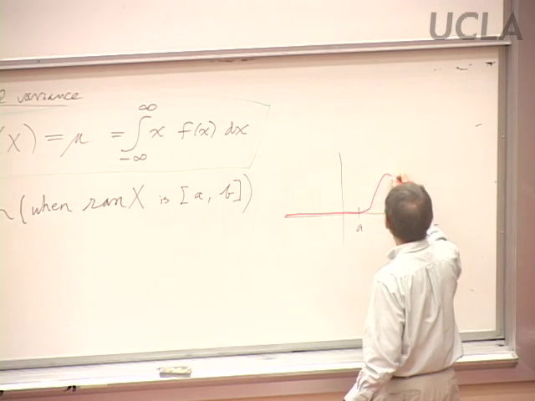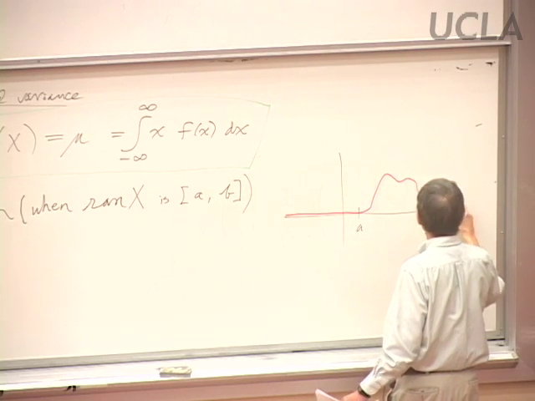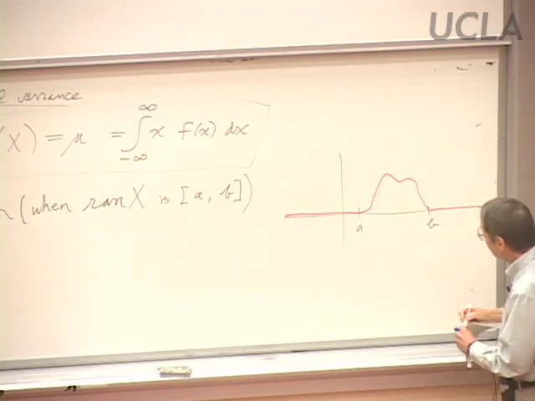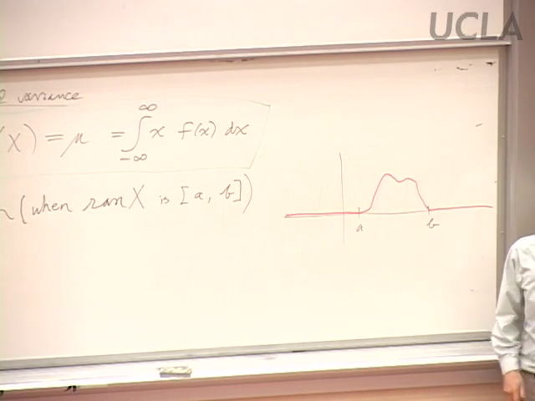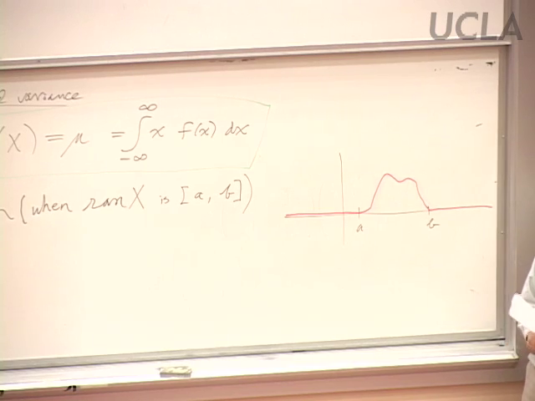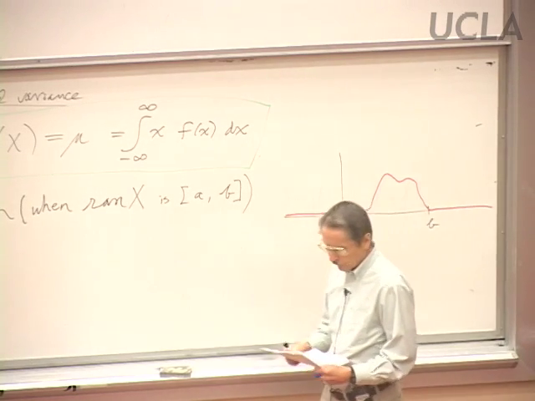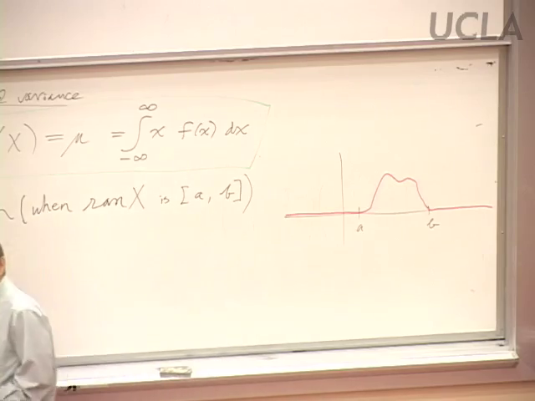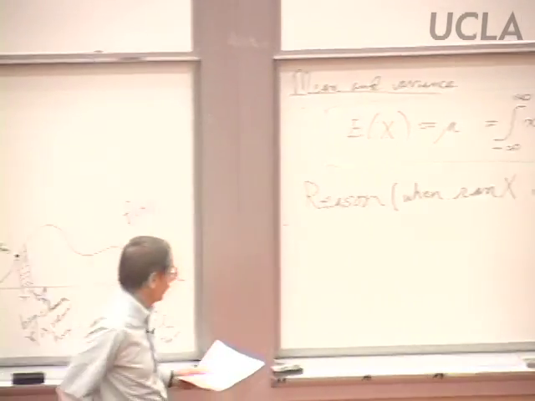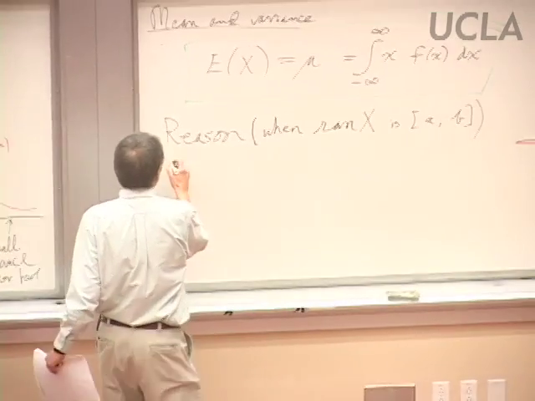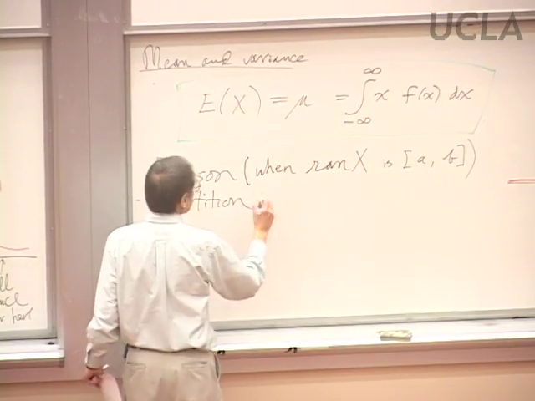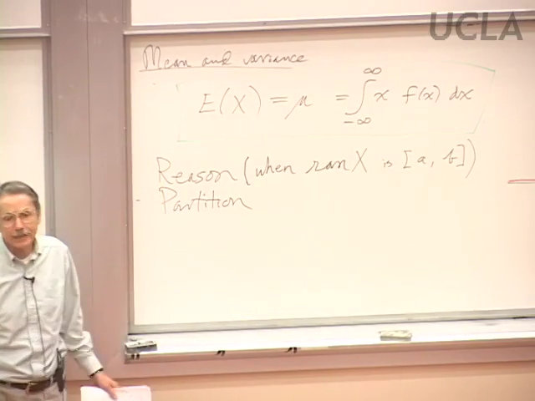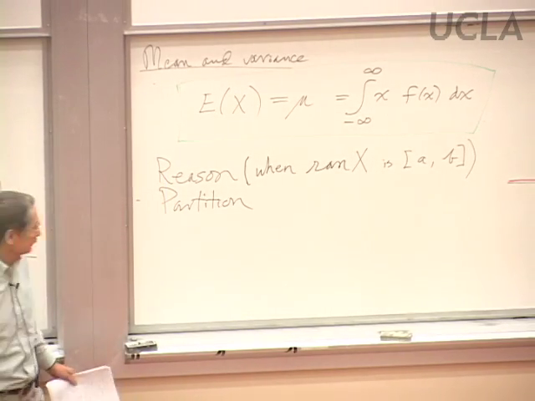And then, well, we don't know what it does, but there's no chance of getting something outside the interval from A to B. And what if we wanted to get an idea of what the expected value is? We can get an approximation if we partition that interval into lots of little parts.